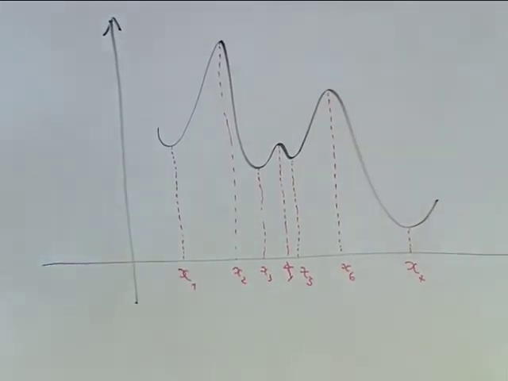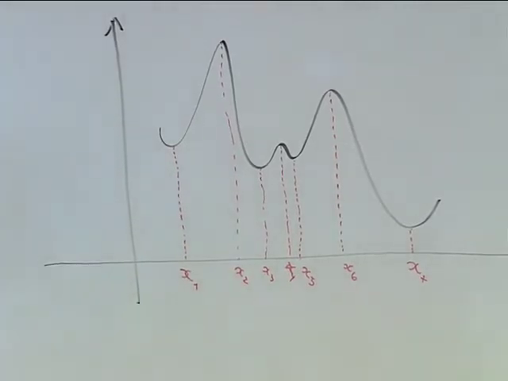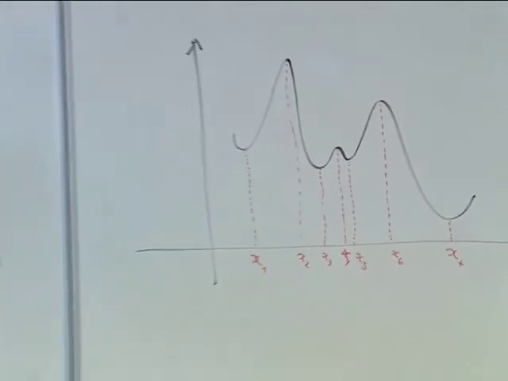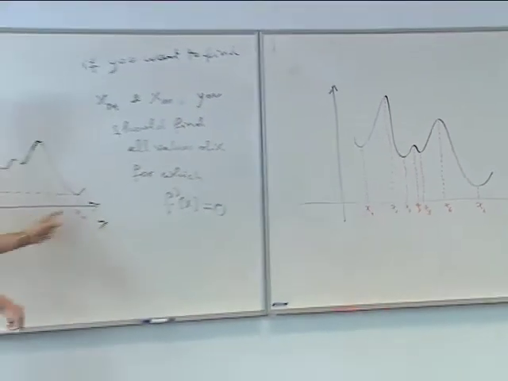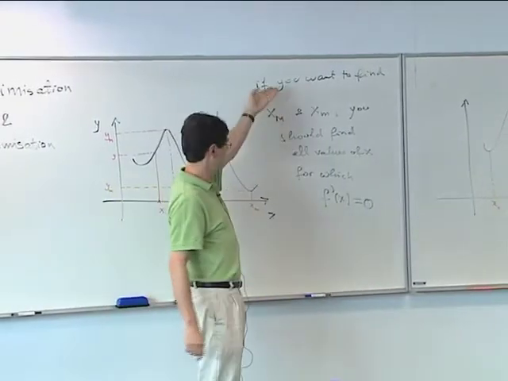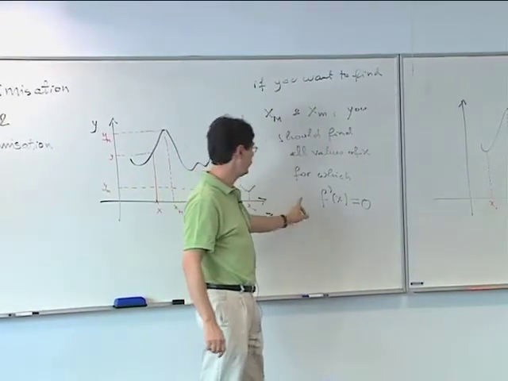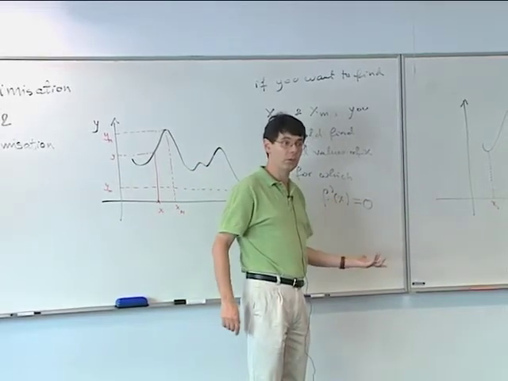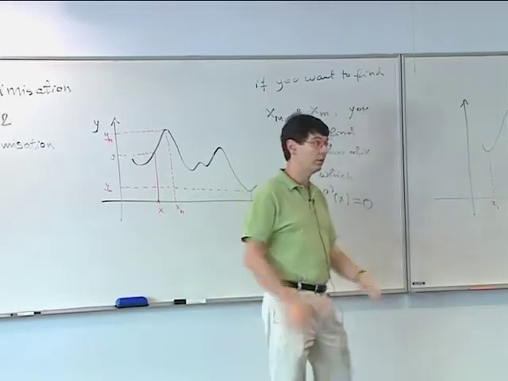Not everybody is the maximum. Not everybody is the minimum. There's only one maximum and only one minimum. I am not saying that when you solve this equation and find the 7 values of x, everybody is going to be your answer. What I'm saying is that your answer is amongst those.